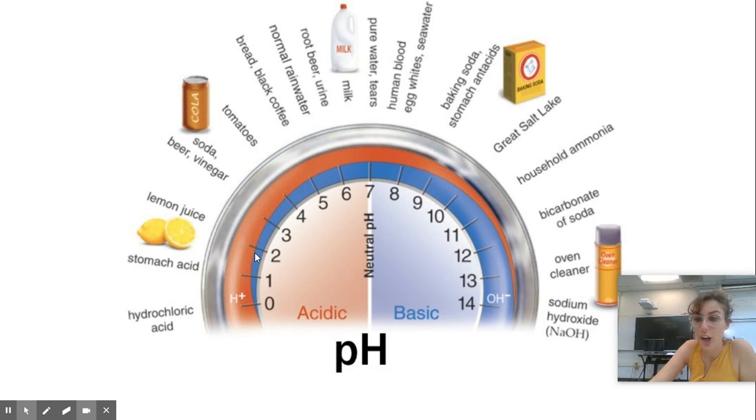No, it's logarithmic change. So a change from 4 to 3, it's 10 times more hydrogen ions. And again, from 3 to 2 is another 10 times. So from 4 to 2 is 100 times more acidic. So pH 2 is 100 times more acidic than pH 4.